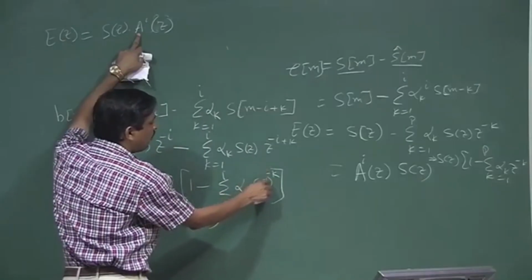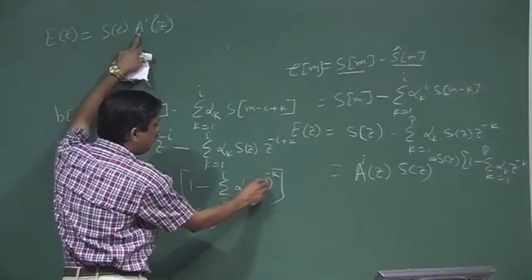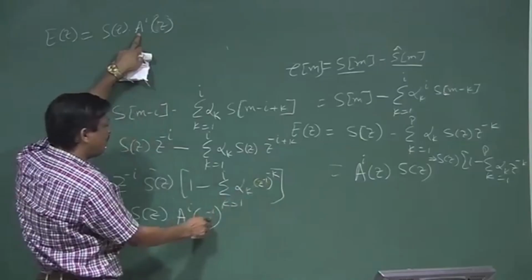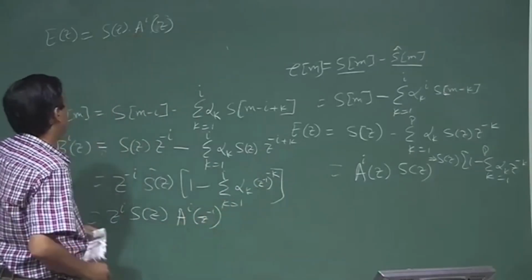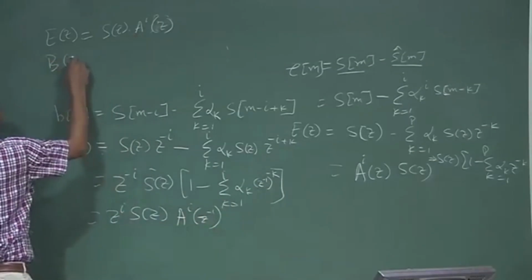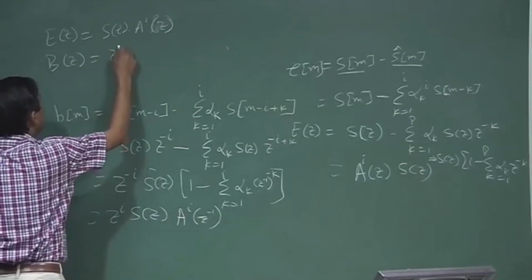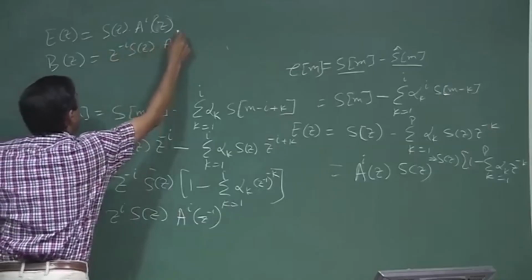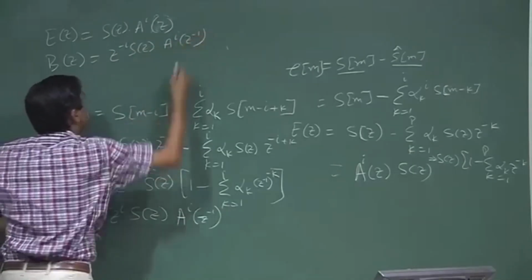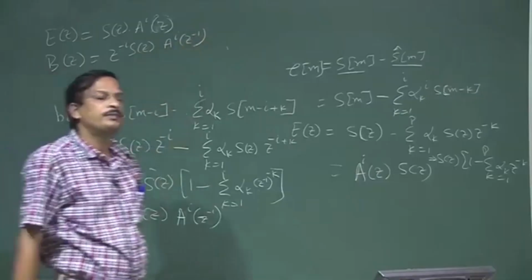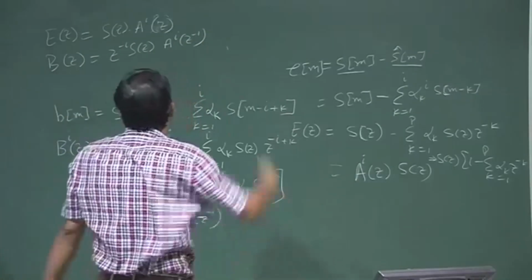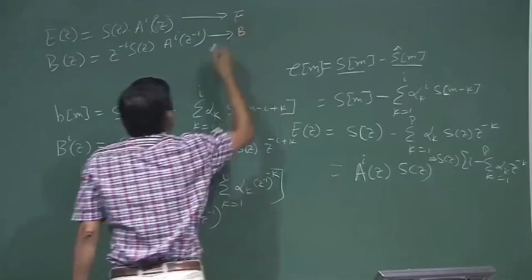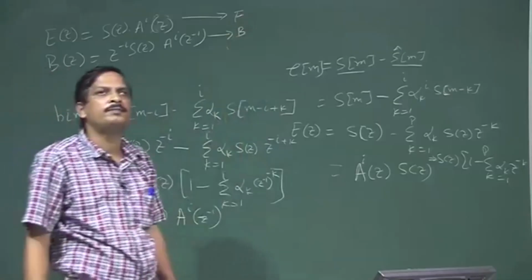Instead of z to the power minus k, I put z to the power minus 1 inside, so it is A_i of z to the power minus 1. So I can say B(z) is z to the power minus i S(z) times A_i of z to the power minus 1. This one is the forward prediction error, and this is the backward prediction error.